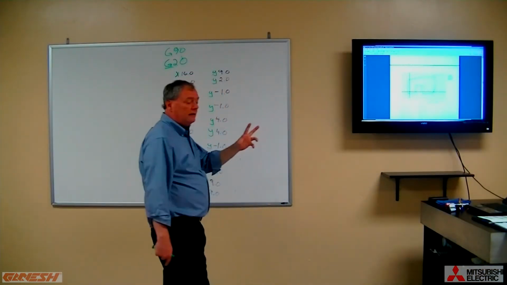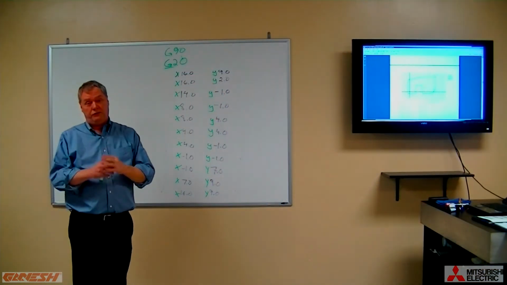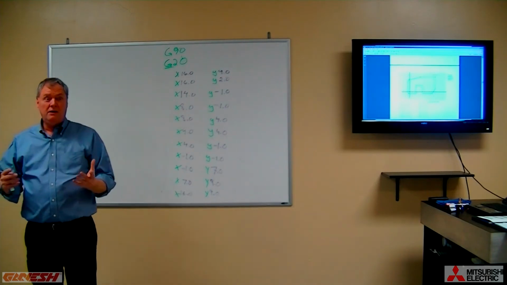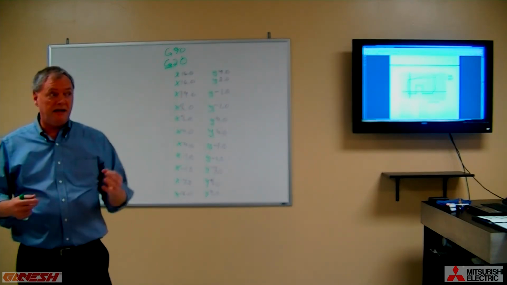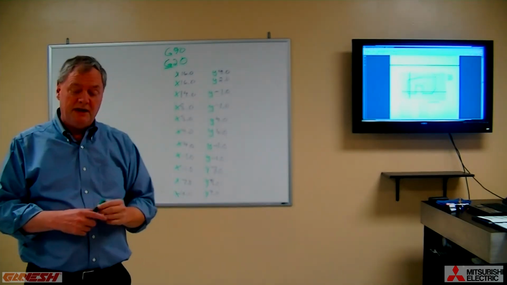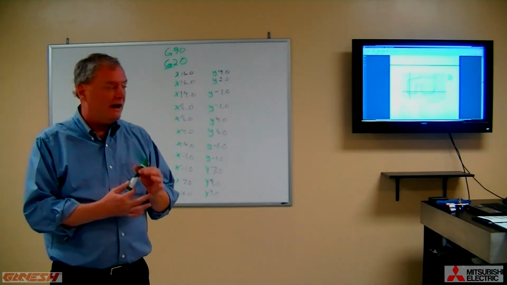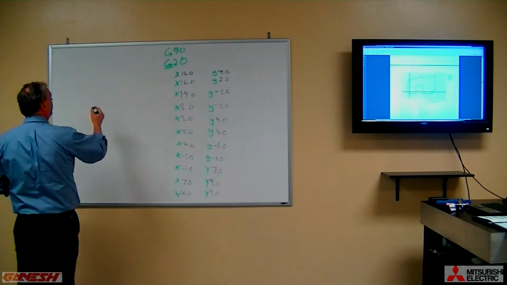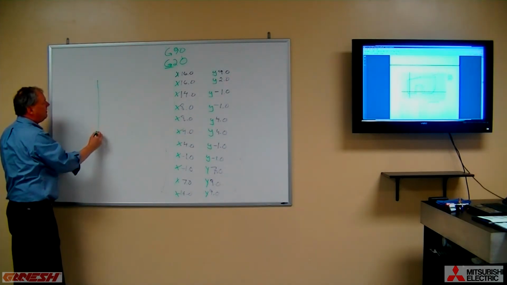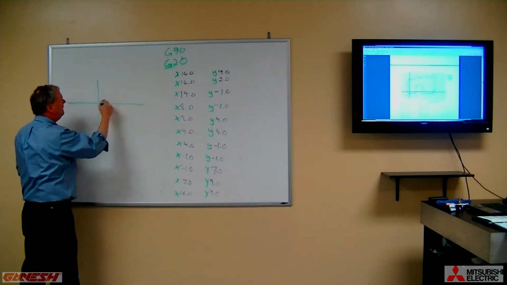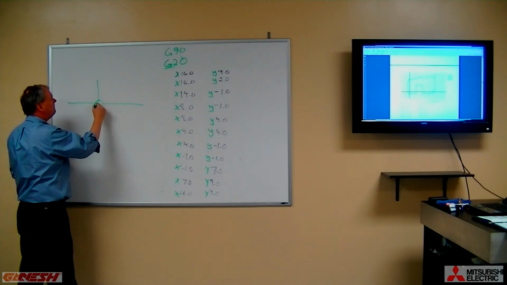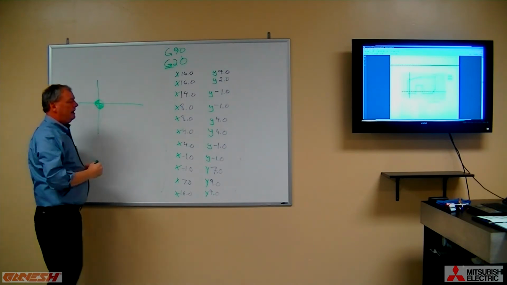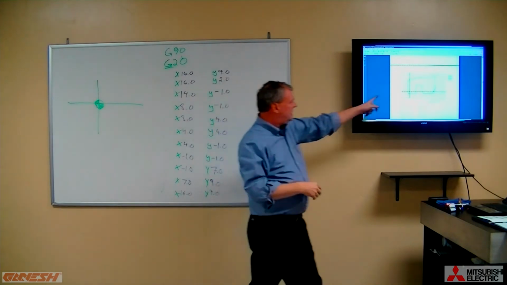Now we're not making allowance for a cutter diameter. As you recall, when we were talking about machining processes, cutters and mills have diameter. What we would be machining, this is just for your information right now, if this is our coordinate system, here's our origin, and our part profile looks like this.